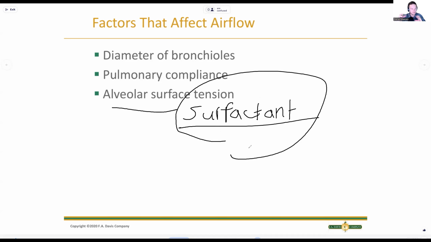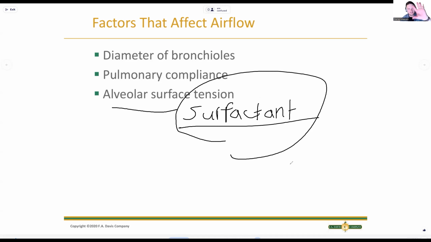If surfactant is damaged, if this secretion is damaged, for example by smoking, the tar and the other things from tobacco mess with this surfactant, they ruin it. Alveoli can collapse, and that could cause lung collapses, or it can just cause general disease and inability for alveoli to do their job.